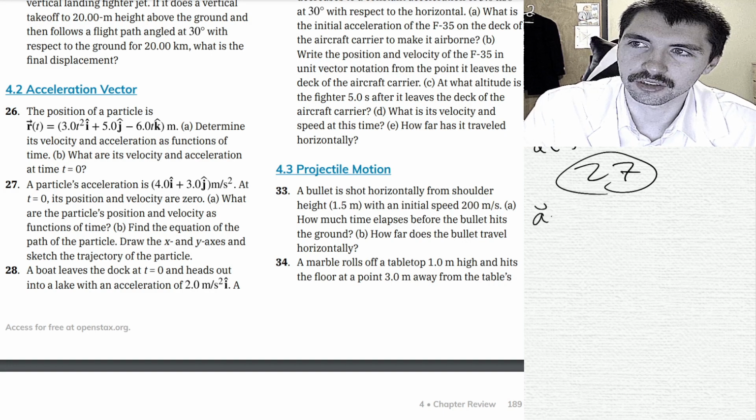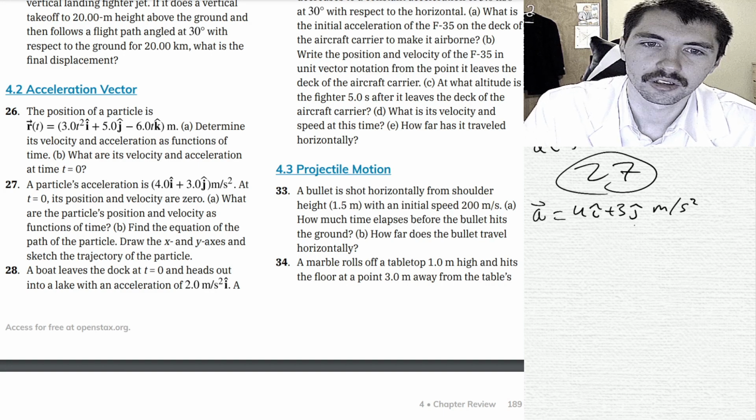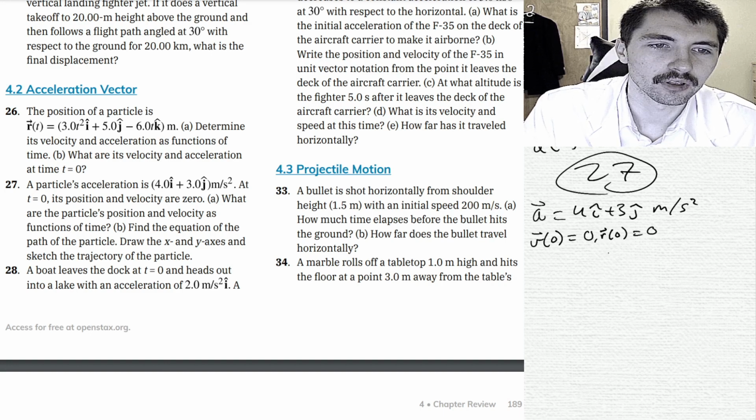So the particle's acceleration. Okay, so now they're going to give us the acceleration. Acceleration is given at t, and the velocity at 0 is 0, and the position is 0. What are the particle's position and velocity as a function of time?